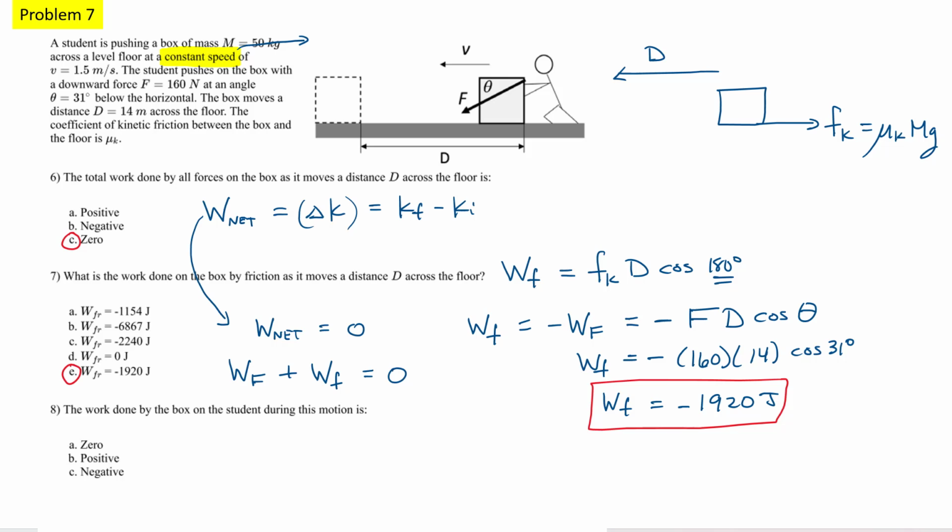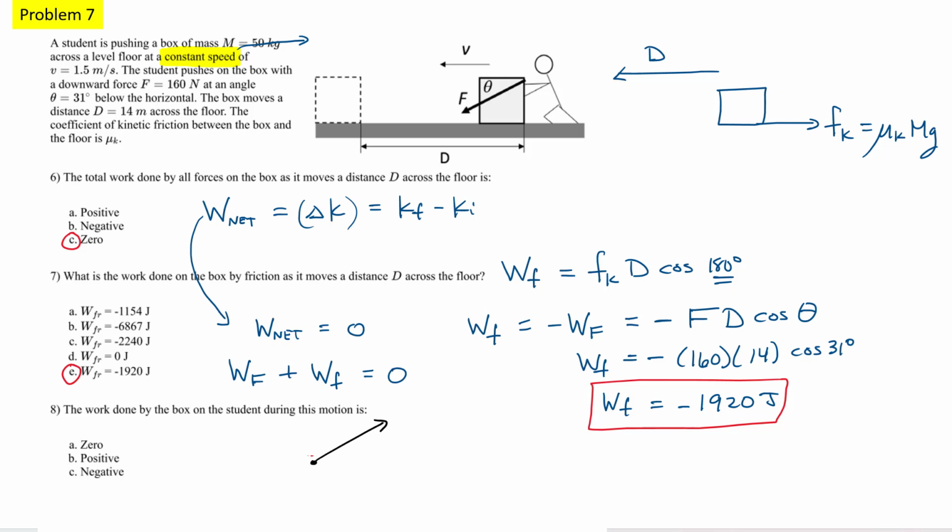All right, question 8 says, the work done by the box on the student during this motion is what? Well, let's think about how we calculate this. If the student pushes on the crate with a force F, it means that the box pushes on the student with a force F, but in the opposite direction.